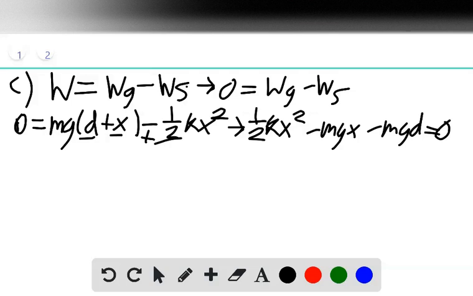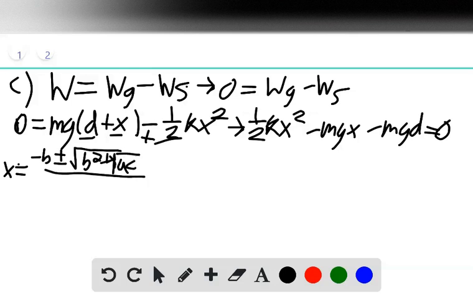Just as a reminder, quadratic equation, x equals negative b plus or minus the square root of b squared minus 4ac all over 2a.